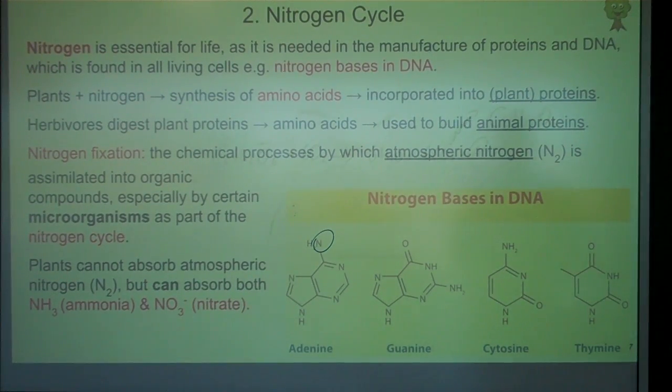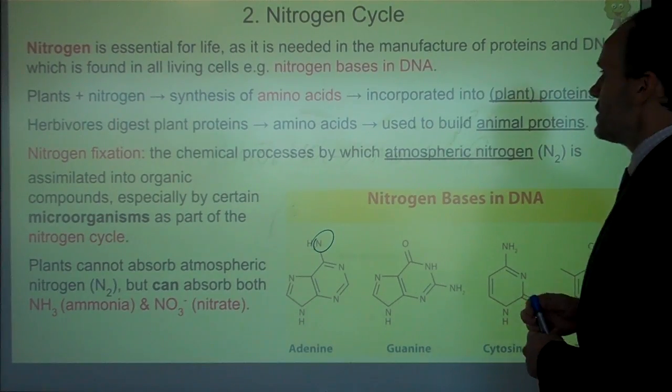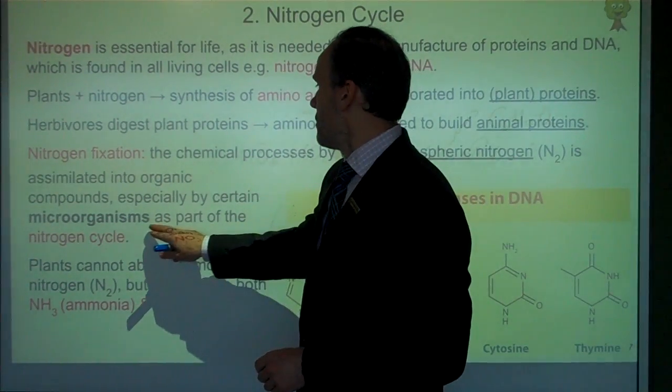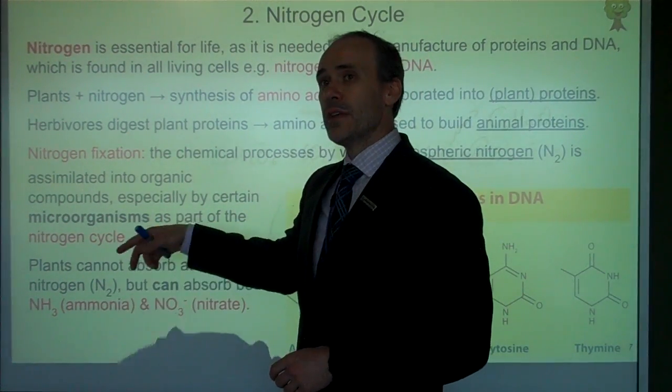You know your chemistry now. Very strong bond. Plants have not evolved to break that bond, which seems bizarre, but plants have only been around for a few 100 million years. Whereas bacteria were just sitting here twiddling their thumbs for 3.1 billion years, just doing stuff. So everything else, multicellular life, is the new kid on the block. So nitrogen fixation is done by certain microorganisms as part of the nitrogen cycle.